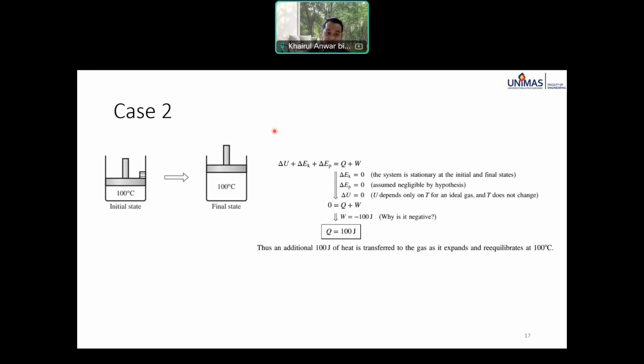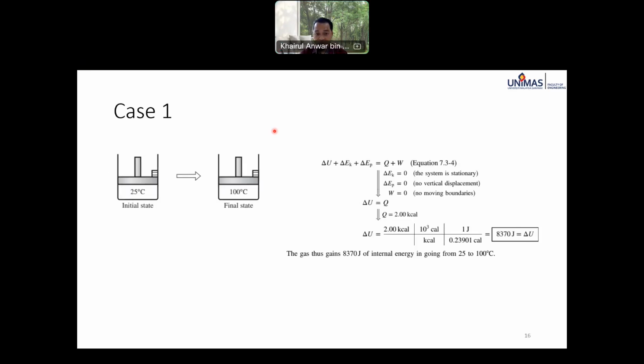For this case too, the temperature is still 100 degrees C. Since delta U is related to temperature changes, we can say that delta U is 0, since this is the ideal case. So delta U equals Q plus W. W is negative 100 joules. So Q equals 100 joules.